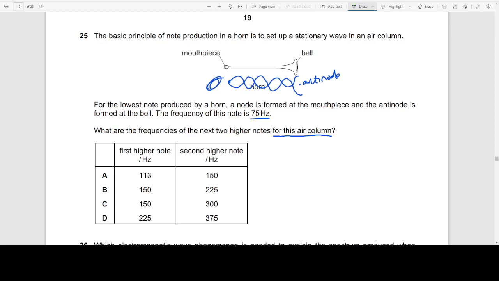The lowest note is when we have a node and then an antinode at the end.